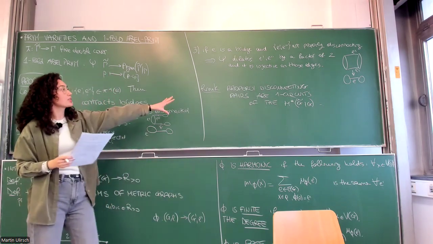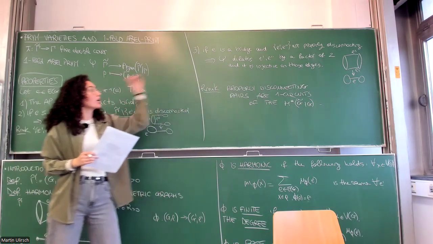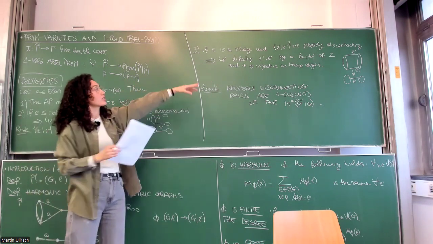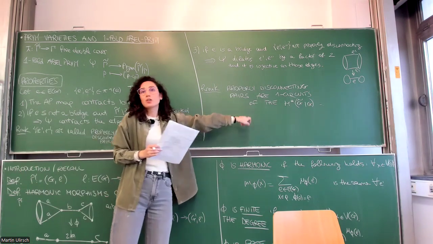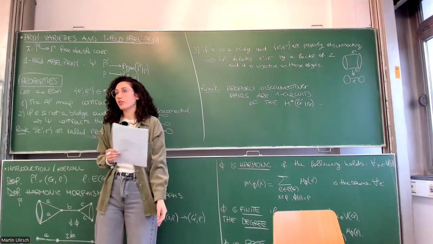So all of the properties that we proved by using linear equivalence of divisors can also be proved by using matroid theory.